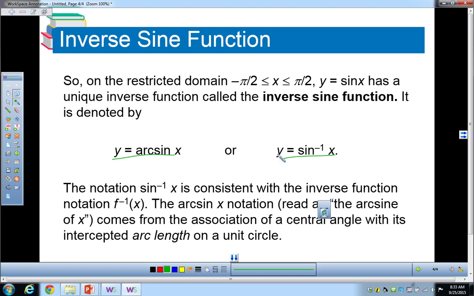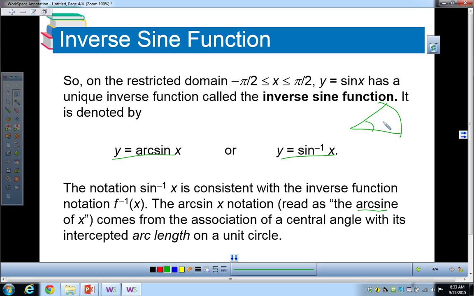And I didn't know this, I just found this out. I've been teaching this for 20 some odd years, but arc sine is called arc sine because you get back an angle, and the angle is defined by the arc that it carves out.